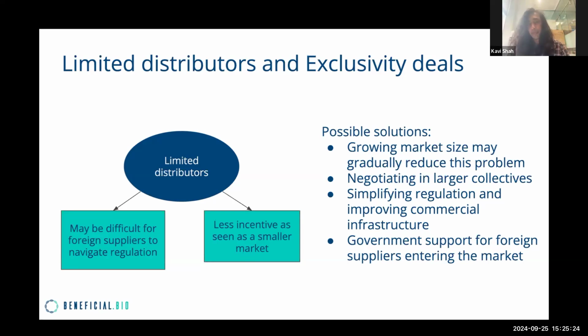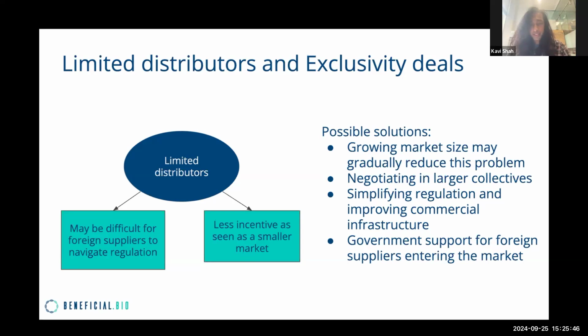Similarly, the market size for some international suppliers can be seen as sufficiently small not to have local presence. However, possible solutions to this are negotiating in larger collectives. For example, multi-university or even a whole university negotiating with suppliers can encourage the presence of suppliers and direct purchases from suppliers.